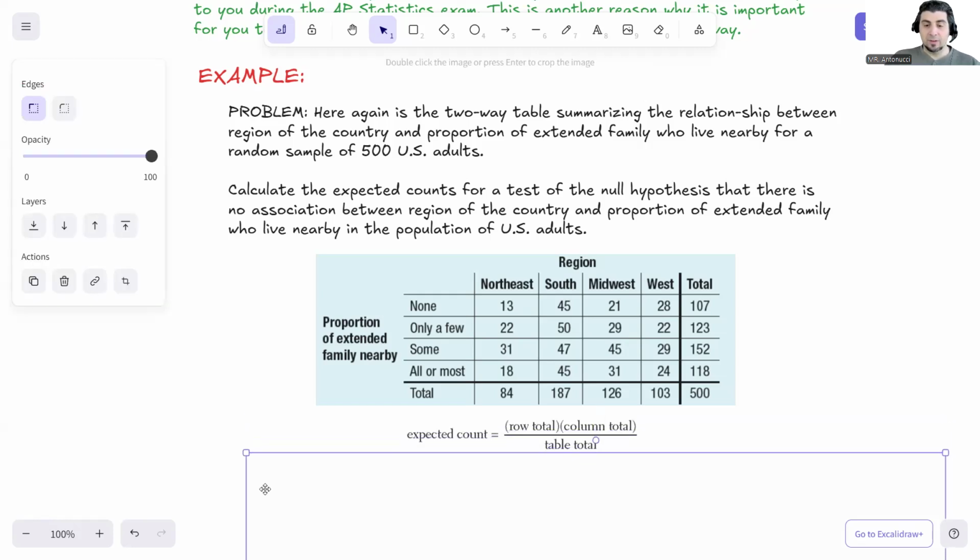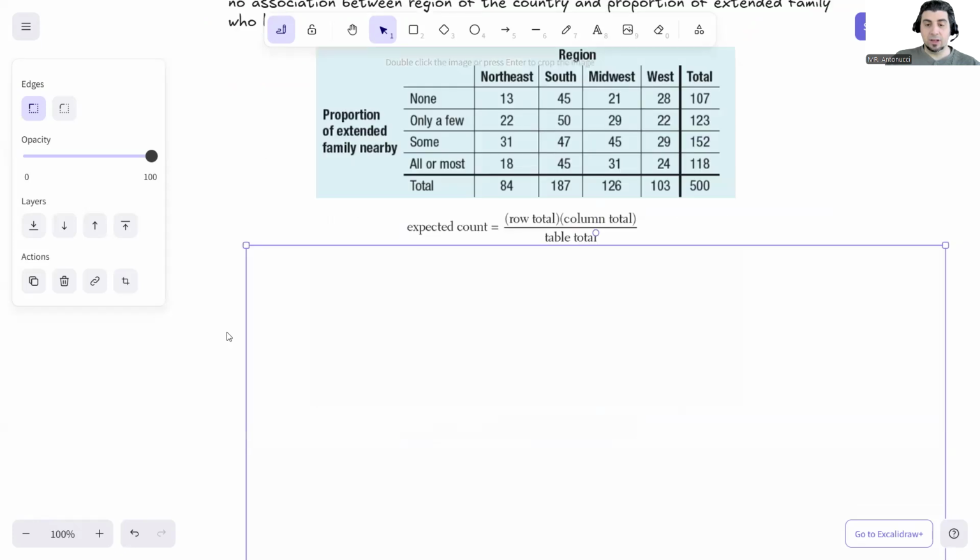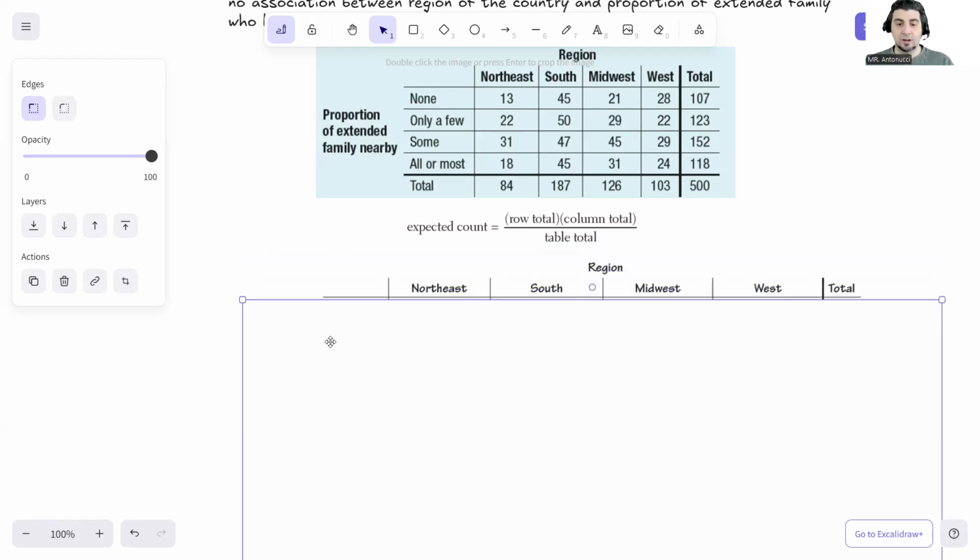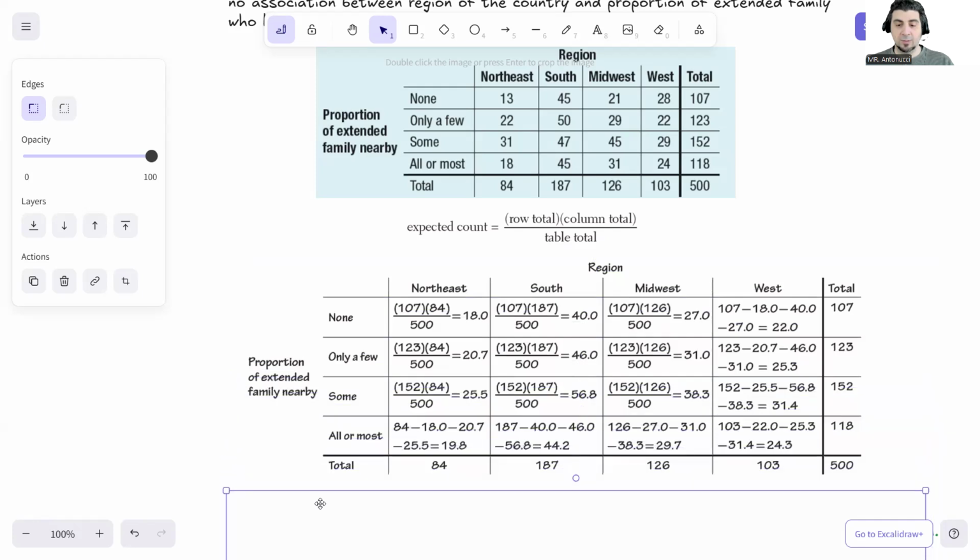And remember that to get the expected count, you take the row total times the column total divided by the table total. So if I want Northeast 13, I would have to do the row total times the column total, so 107 times 84, divided by the table total, which is 500. So here's what all of the expected counts would look like.